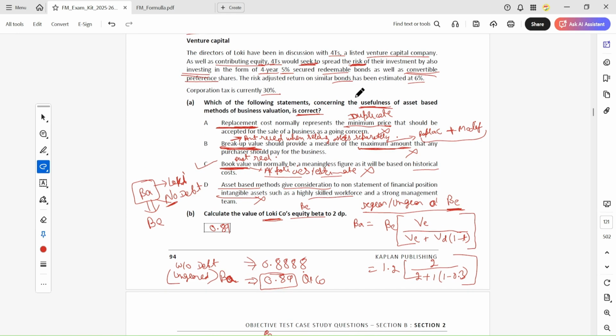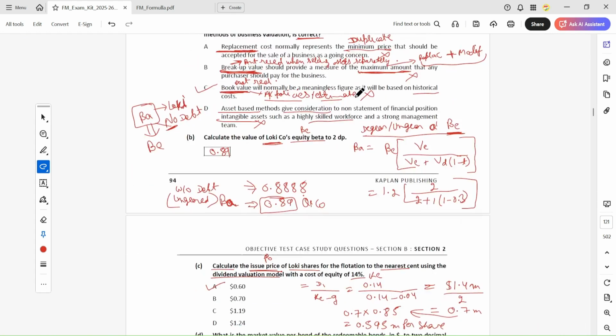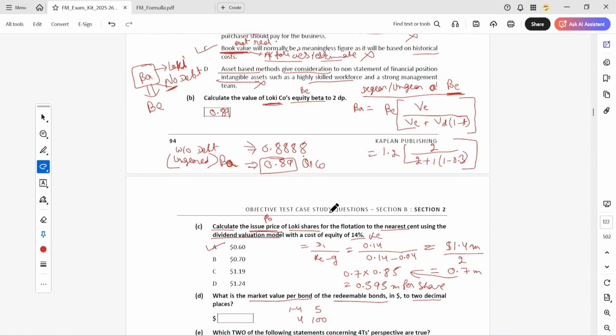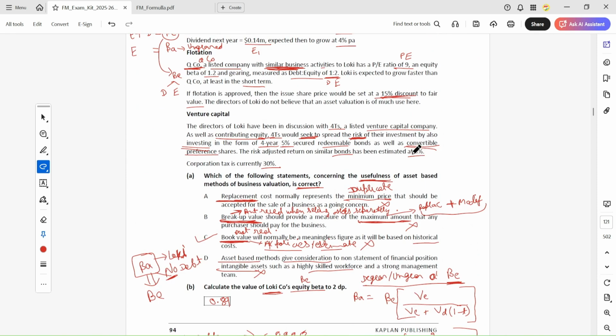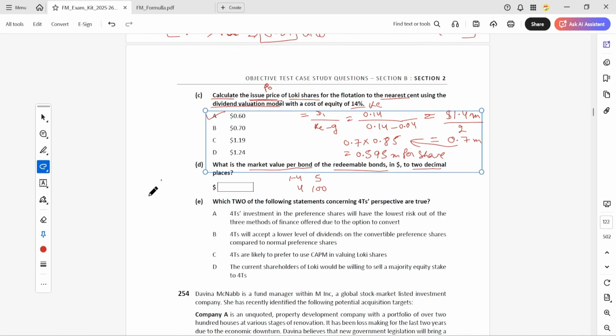We don't have any information about this. So for the 4 years we get 5, and at the 4th year we will get the redemption. The return on a similar bond is 6%, so at 6% the annuity factor will be 3.465.